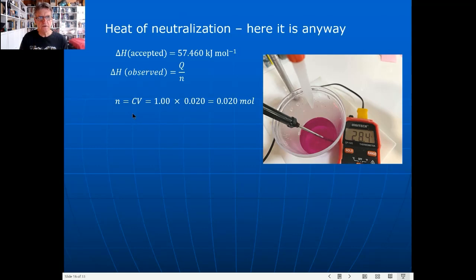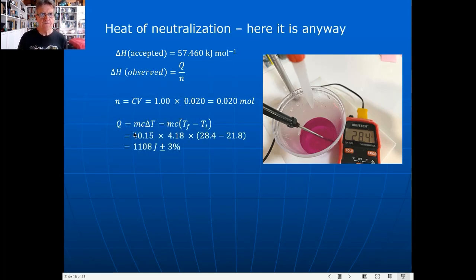So the number of moles is just the 1 mole of sodium hydroxide or hydrochloric acid. At the end point they were equal, and the volumes were both 20 mils. So the end point was when 0.020 moles of HCl had reacted or 0.020 moles of sodium hydroxide. And so the amount of heat released is just the old mc delta T formula.